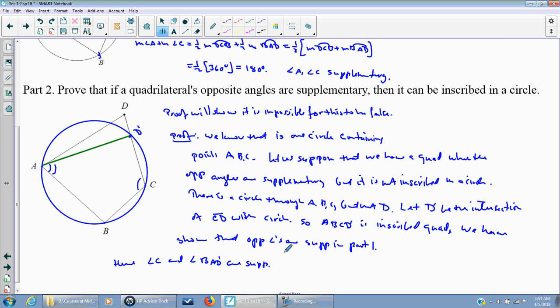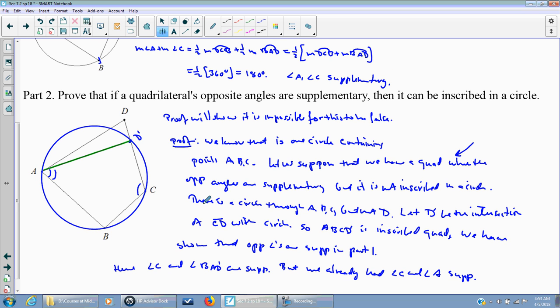But now wait a minute. We already had that angle C and angle A were supplementary, because we assumed we had a quad where the opposite angles are supplementary.